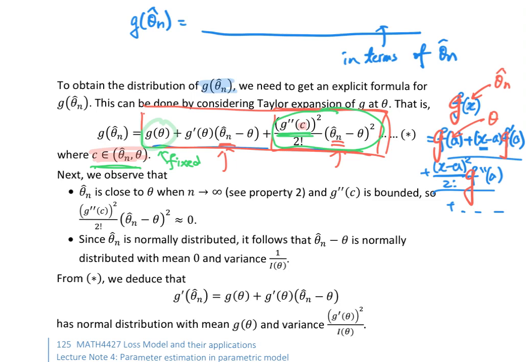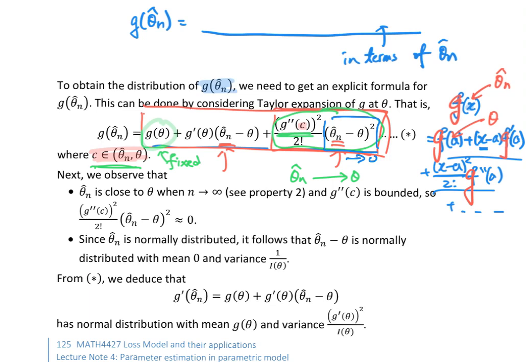First of all, your θn hat is your MLE, and remember the MLE is consistent, meaning that when n tends to infinity, the MLE gets close to the true value. Because of this, this term will tend to 0. Then of course we expect this whole term to get close to 0.